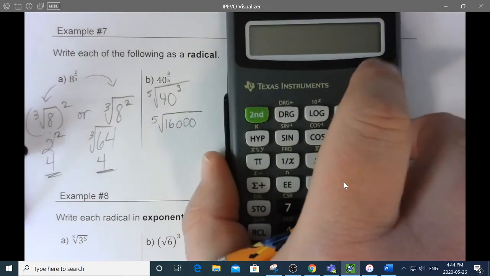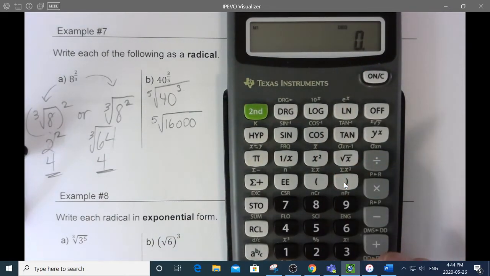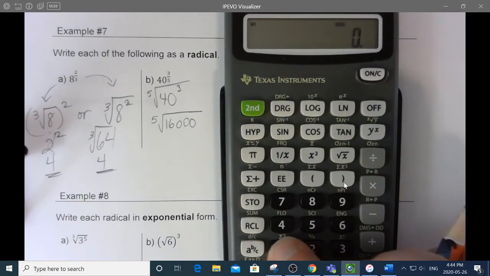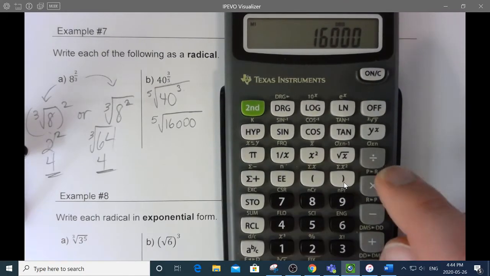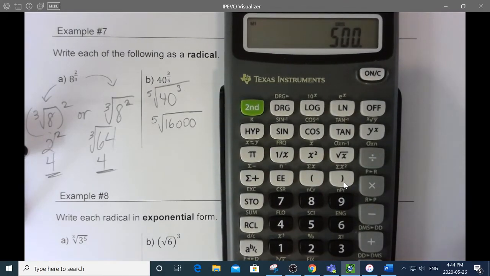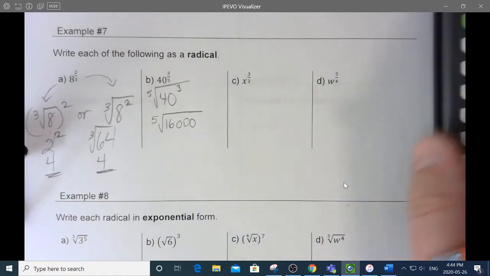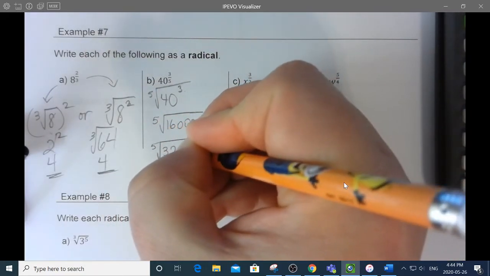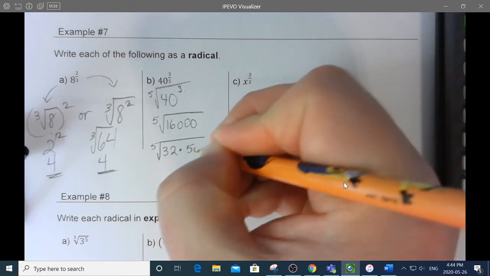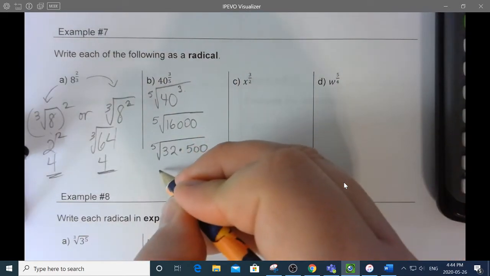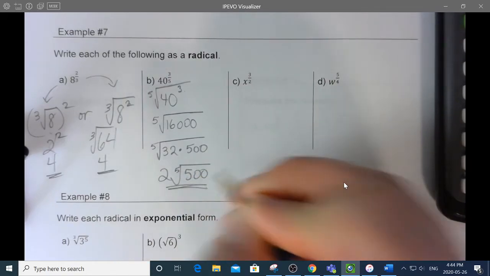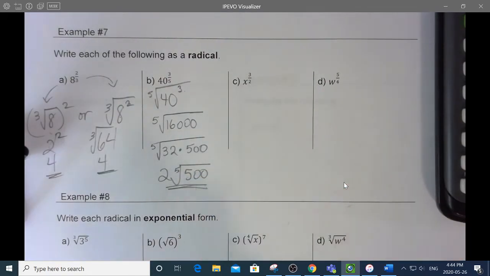I bet that, remember my list? 32 was a perfect fifth power. Does 32 go into 16,000? Let's see. Oh, it does. So this is like saying the fifth root of 32 times 500, which is like saying 2 fifth root 500. Now, is this one of those cases where there's another perfect power of 5 hiding in there?